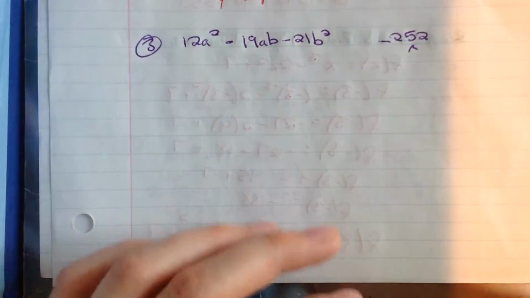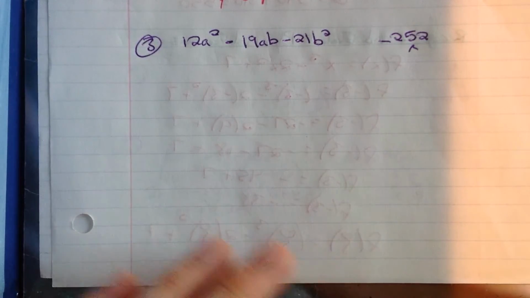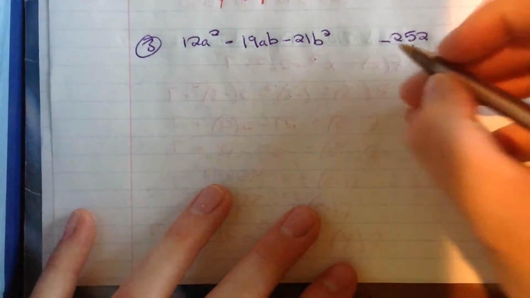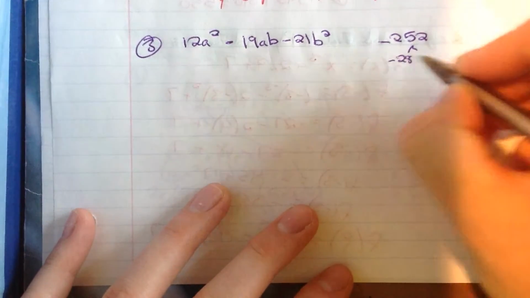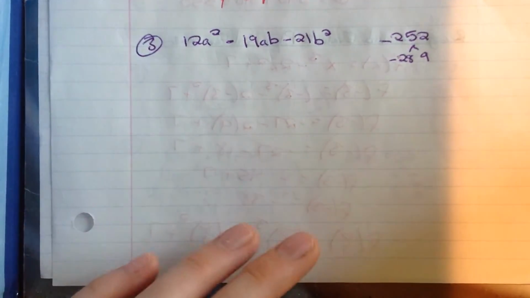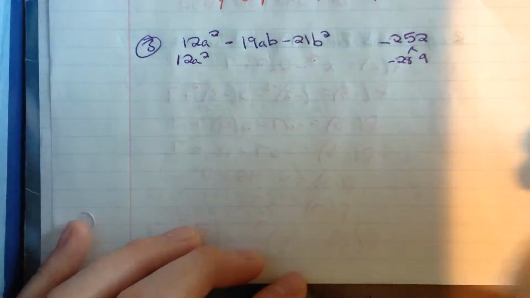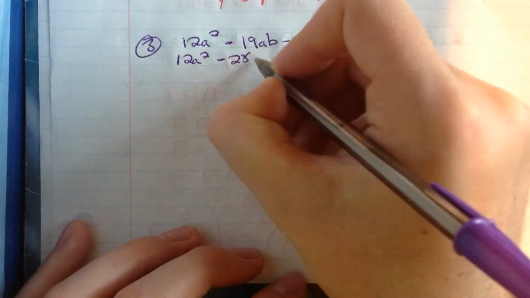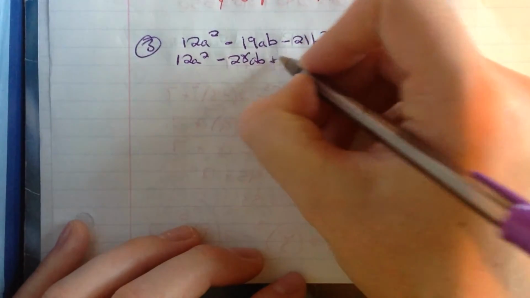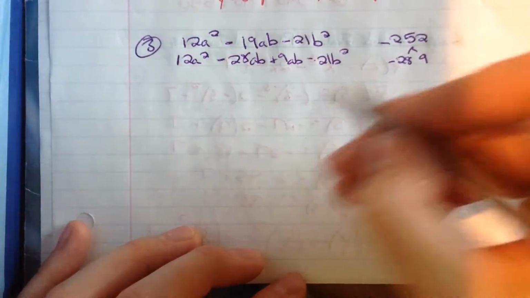So factors of 252 negative that add to equal negative 19. Well, negative 28 and positive 9 is one option. So I have 12a squared minus 28ab plus 9ab minus 21b squared.